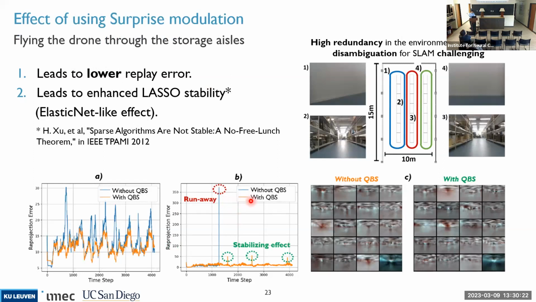But when we used the surprise metric, keeping all the other parameters the same, we got a form of stabilization effect.